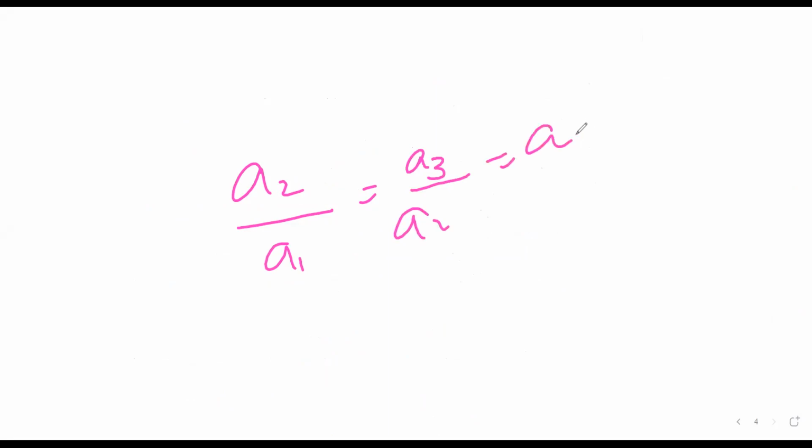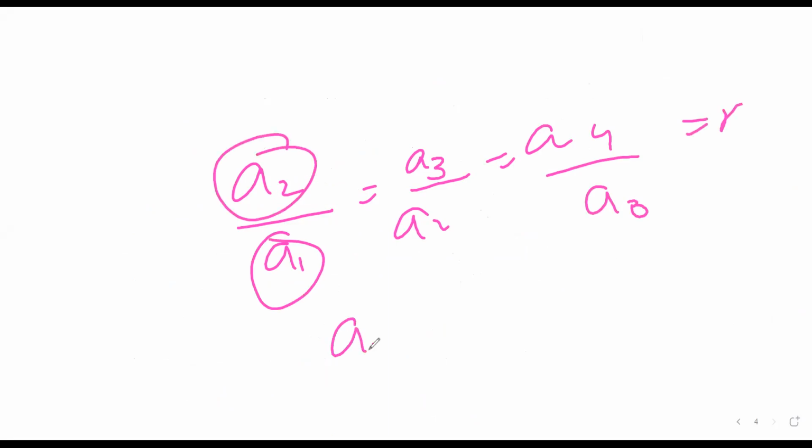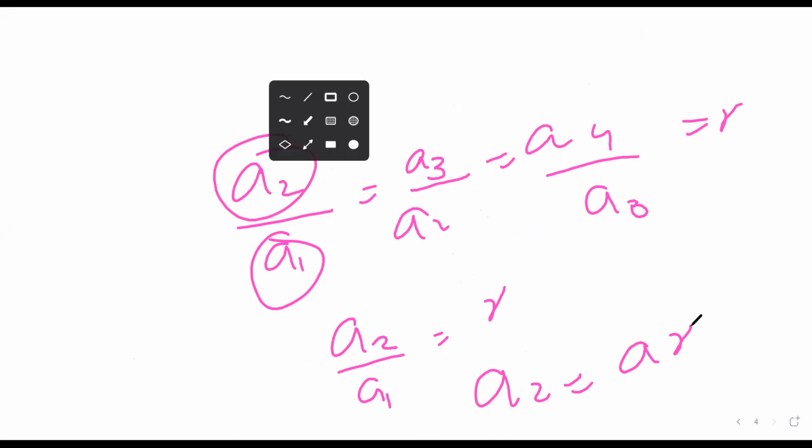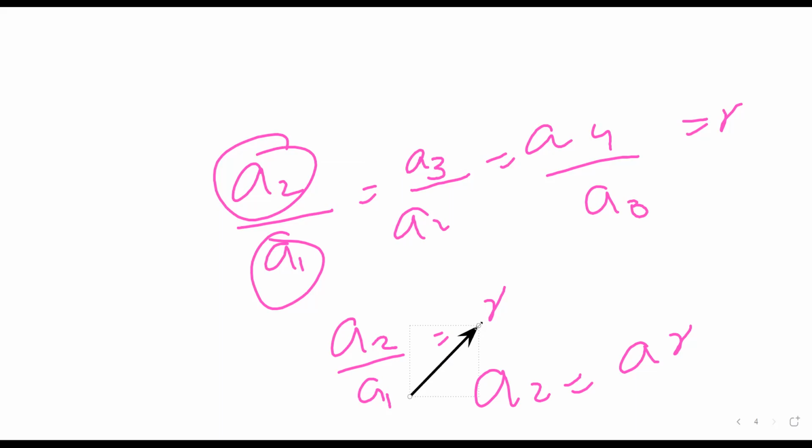What I told you: a2 by a1 is equal to a3 by a2 is equal to a4 by a3 is equal to R. Suppose I am taking a2 by a1 is equal to R. What is my a2? It is aR. How am I getting aR? I'm multiplying a1 into R.